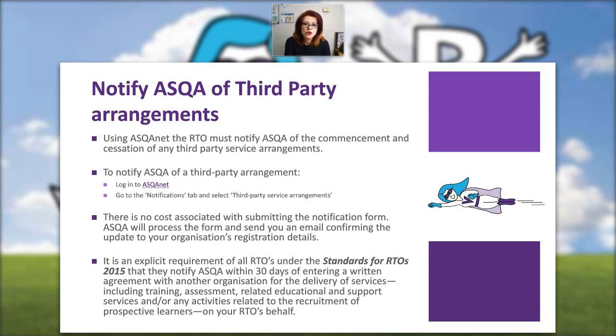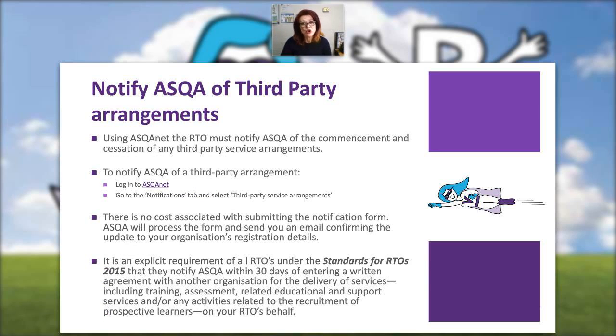The way you notify ASQA is you use the ASQAnet portal, and you notify them of any commencement or cessation of those agreements. I'm going to show you how to do that in a minute. You go to the notifications tab and select third-party service arrangements. There is no cost associated with submitting that notification to ASQA.